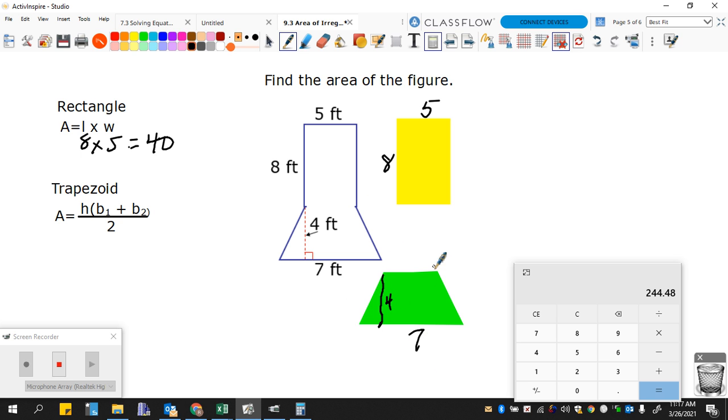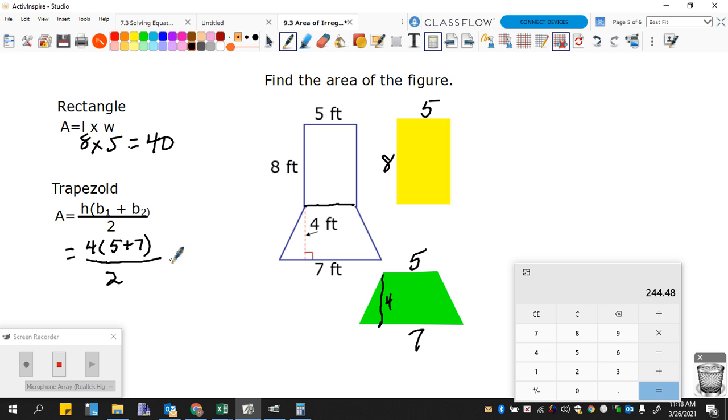This top base here is the same as the width of the rectangle, which is 5. All right. So we're going to say 4 times 5 plus 7. Take all that divided by 2.